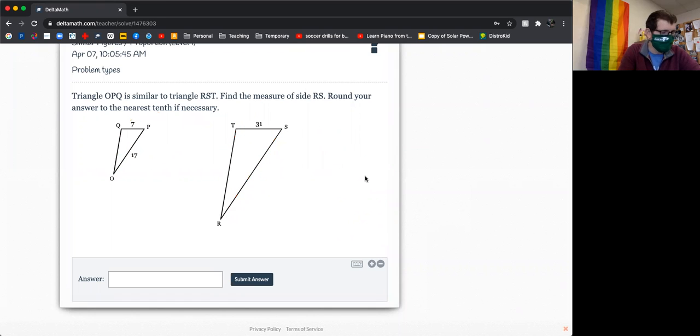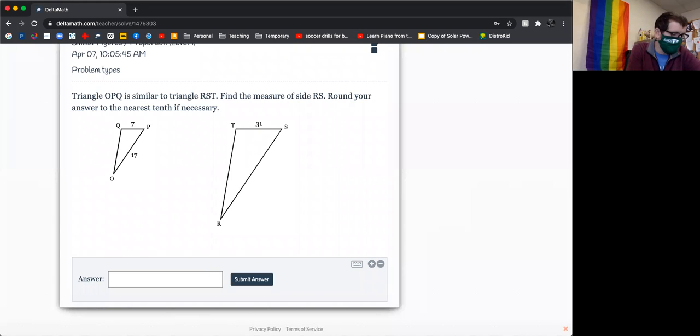All right, I'm going to clear this out because we don't have that particular setup. Now, here's one of the things that we're going to be talking about today, which is dealing with how we set up our proportion. And if we were looking at this stuff before and we were setting up proportions when it came to the side splitter theorem, there's a whole idea of the pattern of correspondence, right?